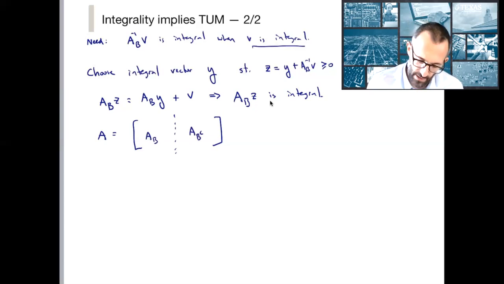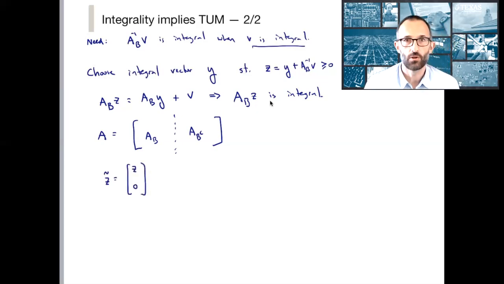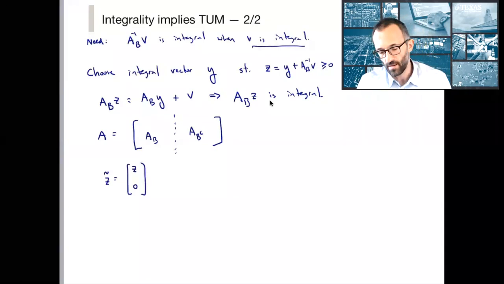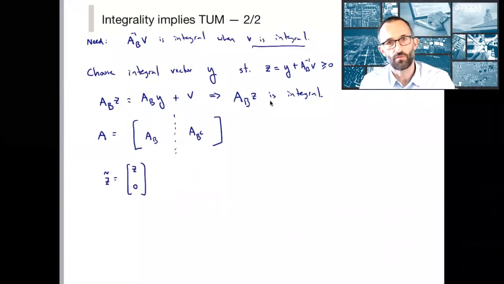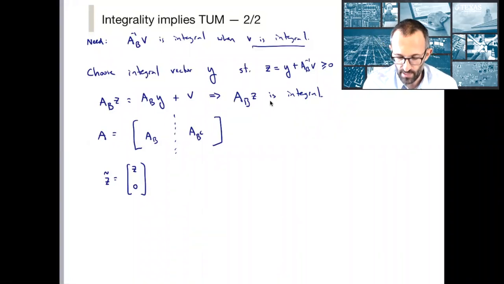Now let's take the vector Z tilde, which is basically Z padded by zeros. And again, I'm using my usual abusive notation. I'm assuming that the columns B that I chose are the first ones. But of course, what I really mean is I'm putting Z into the entries of Z that correspond to B, and I'm padding with zeros everywhere else.